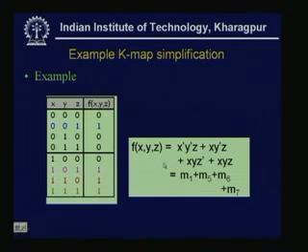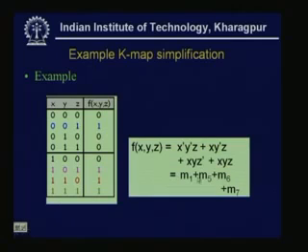For x y dash z, that means 1 0 1, which is the M5 min term, it is 1.